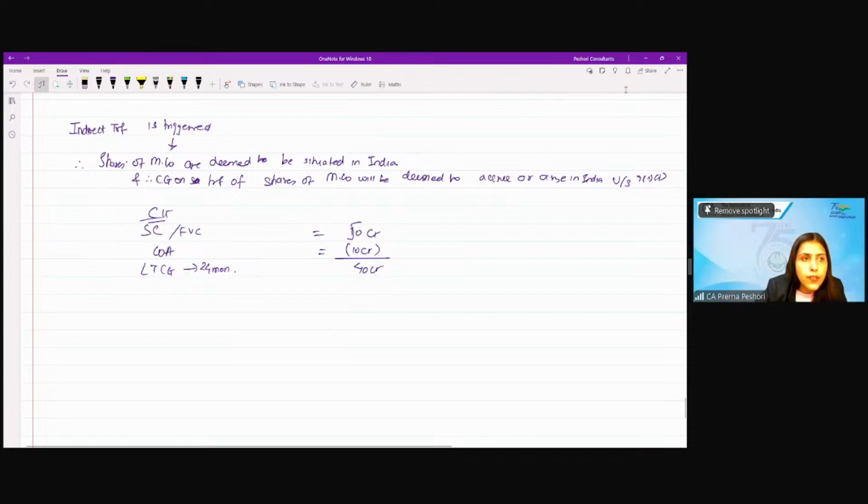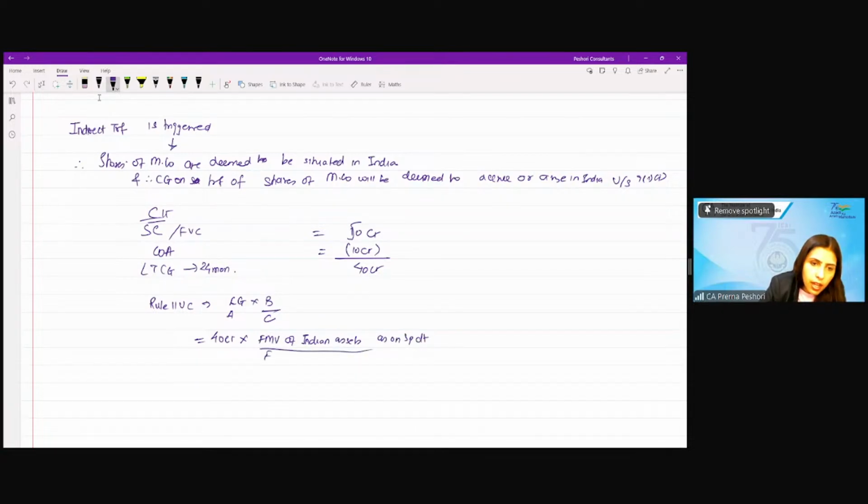So they have given the formula: capital gain into B divided by C. So this is basically A into B divided by C. So 40 crore into B, the FMV of the Indian assets as on the specified date, divided by C, the FMV of the total assets of FCO as on the specified date.